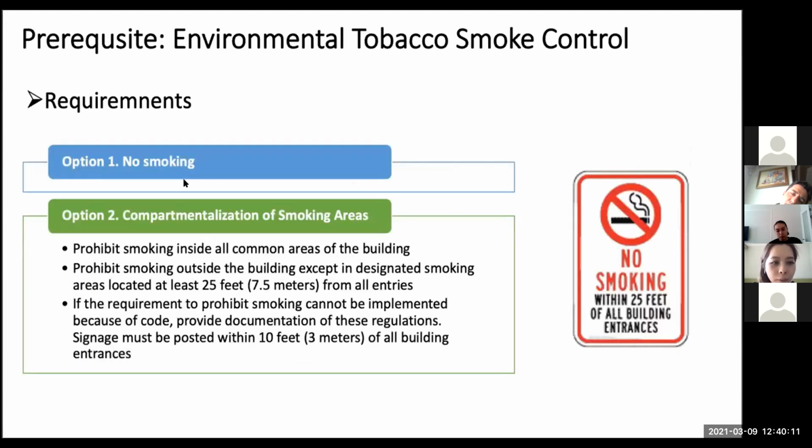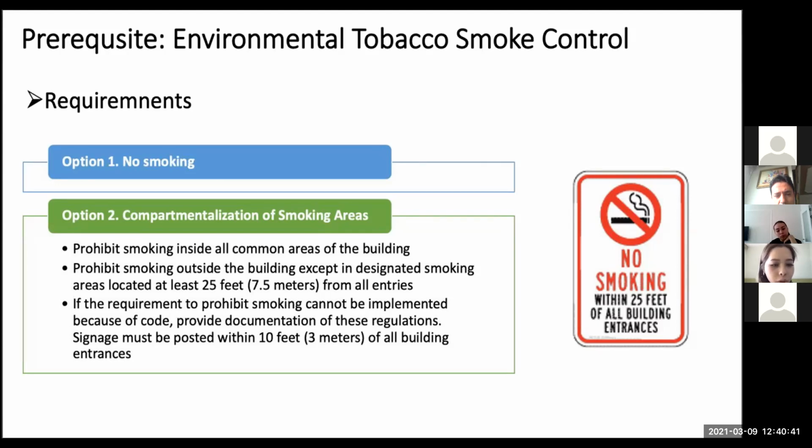The next prerequisite is environmental tobacco smoke control. It is intended to prevent or minimize exposure of building occupants to tobacco smoke. The first option is to eliminate smoking in the area altogether and inside of the building. However, sometimes it cannot be implemented. Therefore, they suggest the second option.